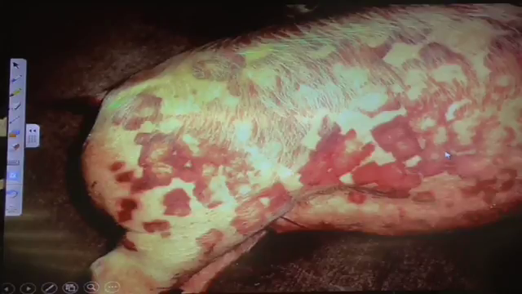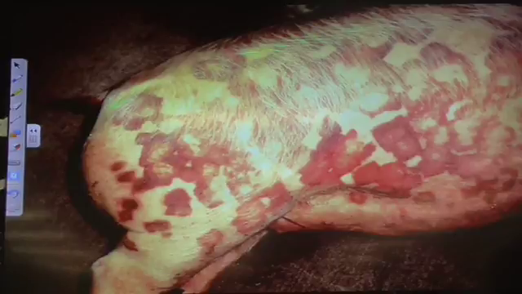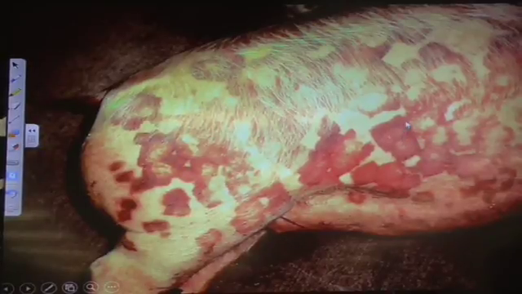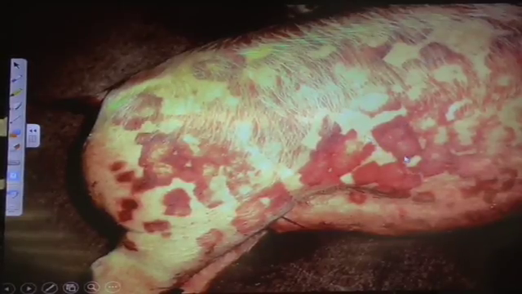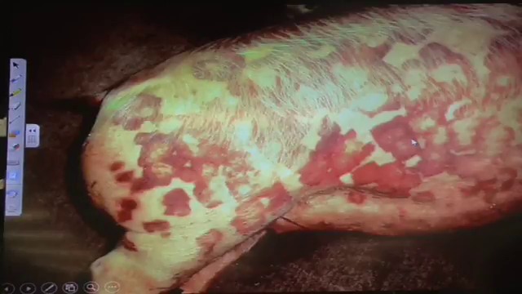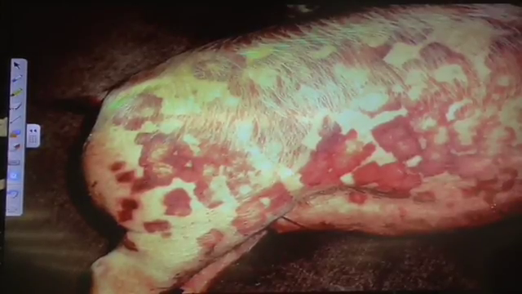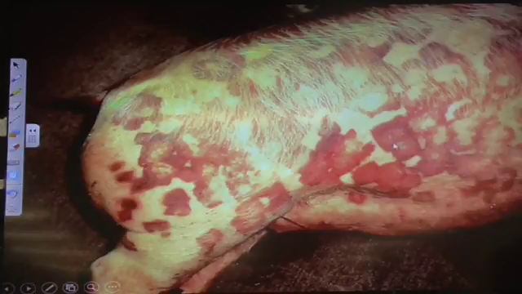So the disease is erysipelas, but the bacteria is Erysipelothrix rhusiopathiae, and it's a gram-positive bacteria that blocks or causes thrombosis of certain skin blood vessels. And the area of the skin is supposed to be supplied in a certain way, anatomically in porcine, which is what's believed to be responsible for these types of rhomboidal lesions that we see.